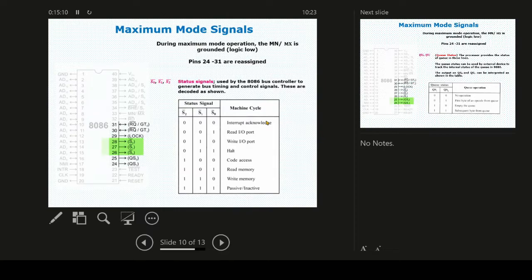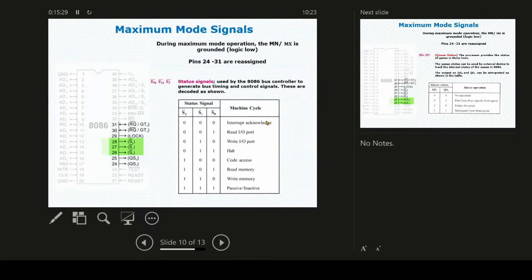So it indicates that it is in maximum mode. Here MN/MX is grounded, so the value is 0. Here more than one microprocessor can be present, which is the main good feature of the maximum mode.